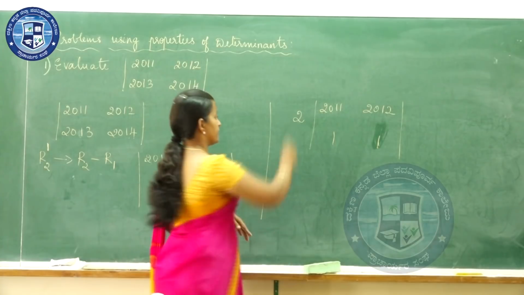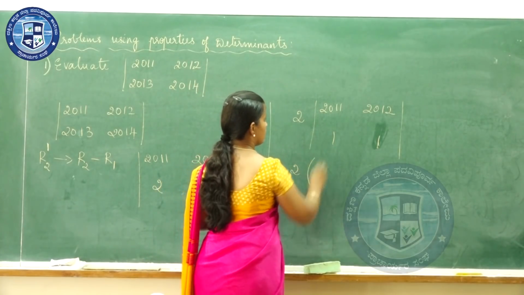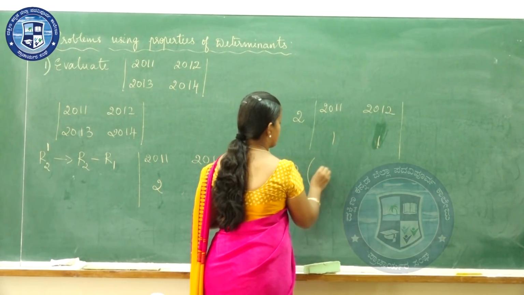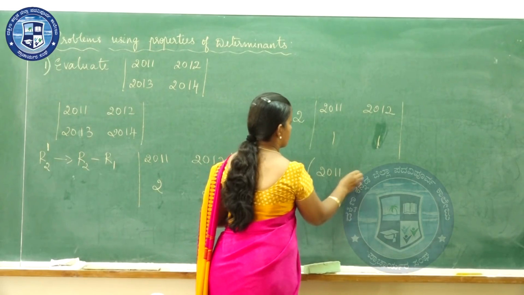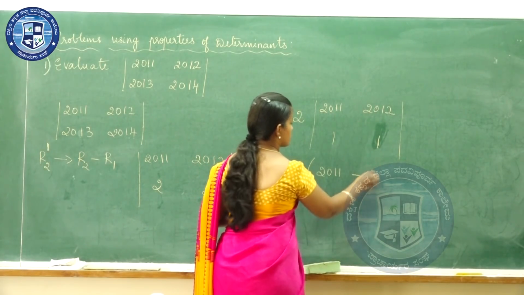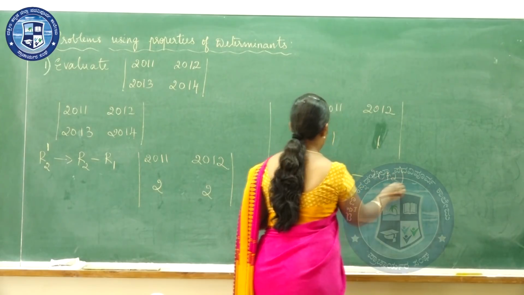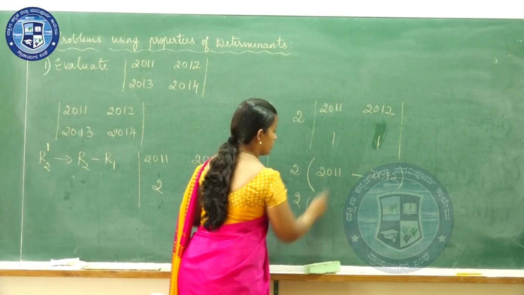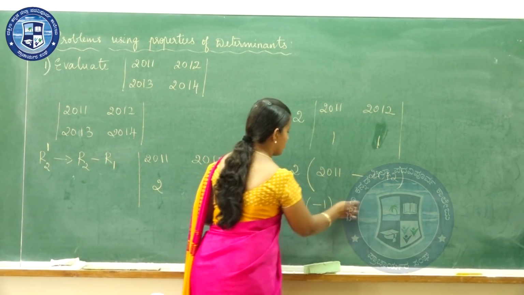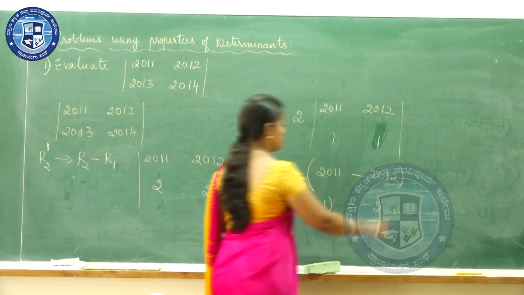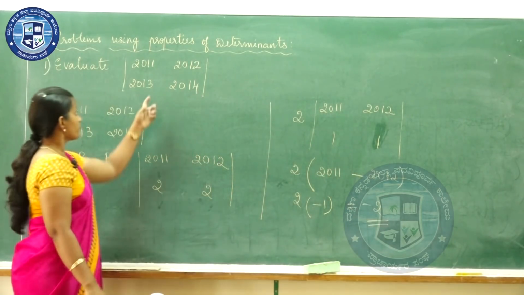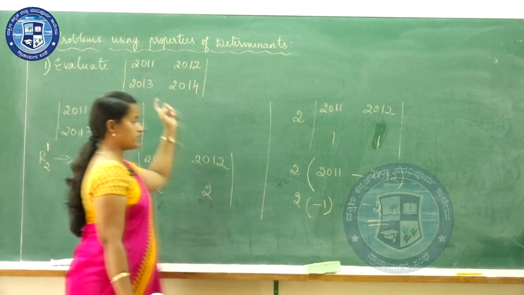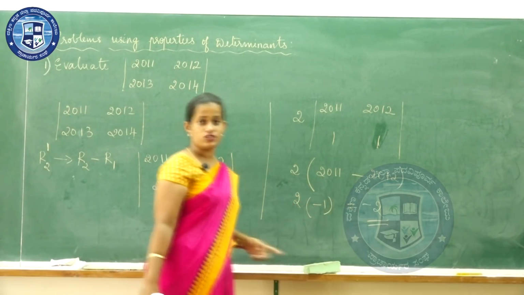Now, expand the determinant. 2 as it is, 2011 into 1 is 2011 minus 1 into 2012 is 2012. So, 2 into the difference is minus 1, therefore, the answer is minus 2. So, the answer of this determinant is minus 2.